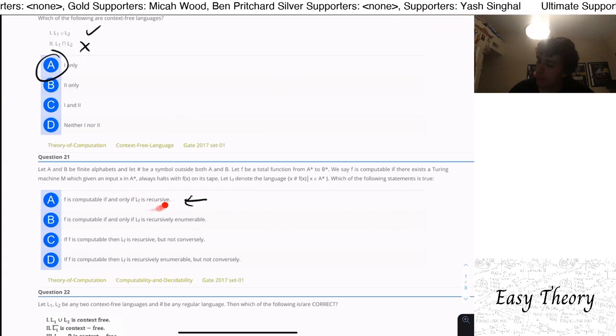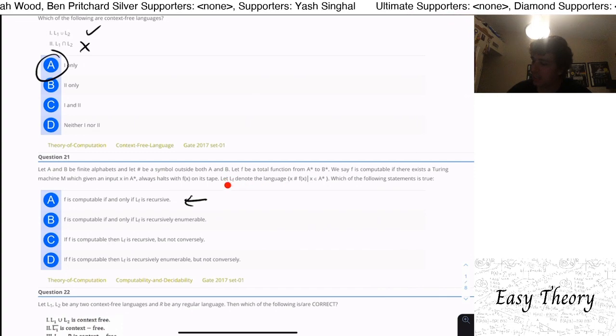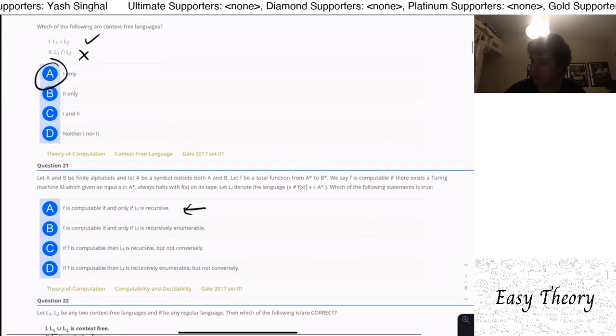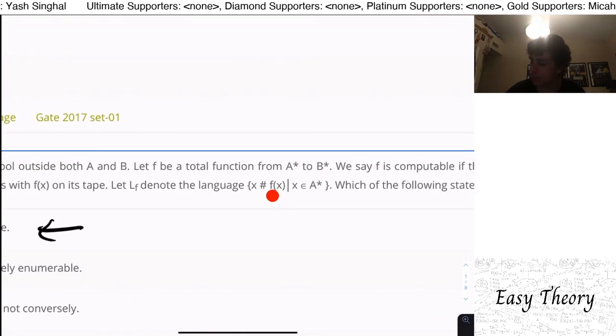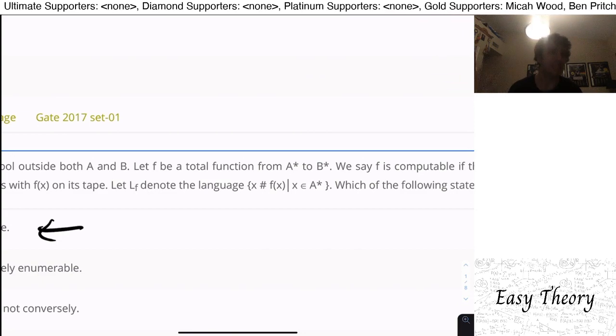If L of F is recursive, that means we can decide in a finite amount of time whether some string is in this set L of F. Then how can we compute F when we're given just input X and nothing else? What we can do is iterate through all the possible strings as the candidate string, and then repeatedly ask, is this the output F of X? Is this the output F of X? And just keep trying.